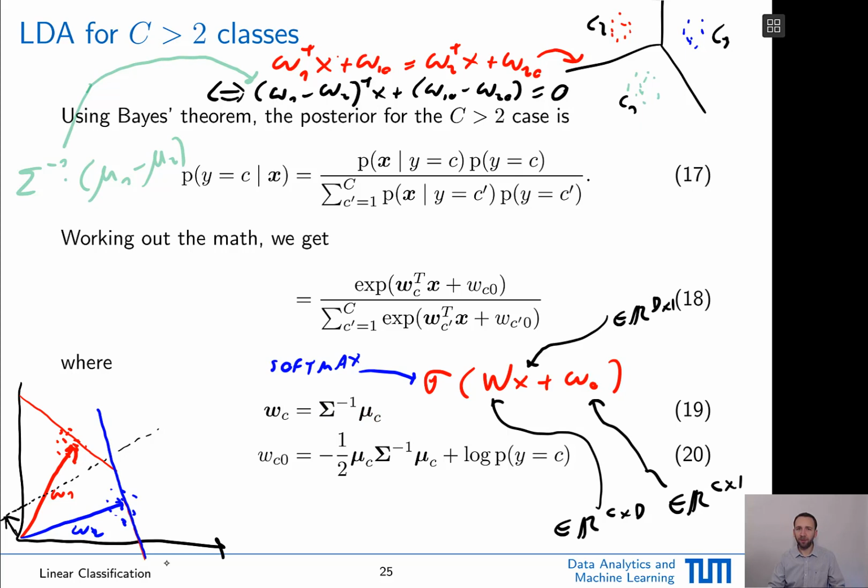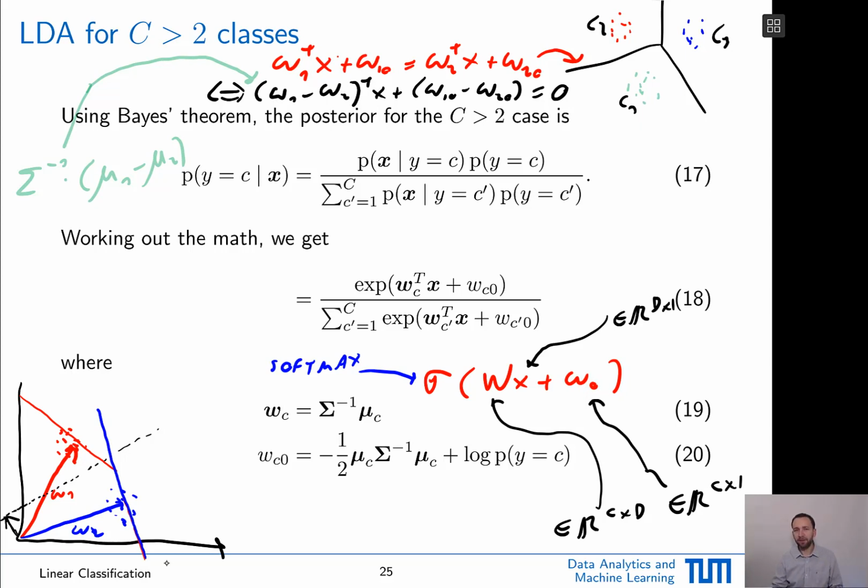Now what you have to do for the inference is first compute the WCs and W0s. Just plug in these terms here, because you already did the learning. Compute these different WC's and stack them together to a matrix, so you get this big W matrix. Stack the offsets together to a vector, and you get this W0 vector.